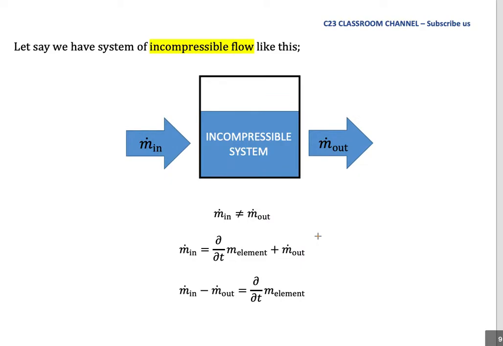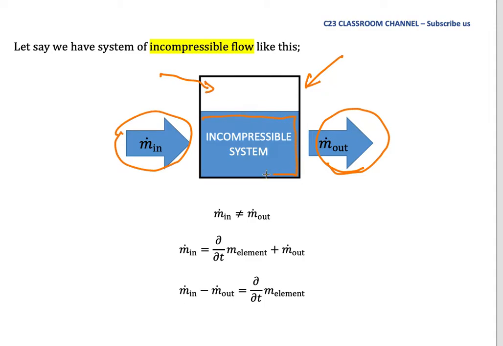Now let's say we have a system that is not full of incompressible fluid. We could imagine something like this: we have an input here and an output here, but in our system the fluid does not fill the whole area.